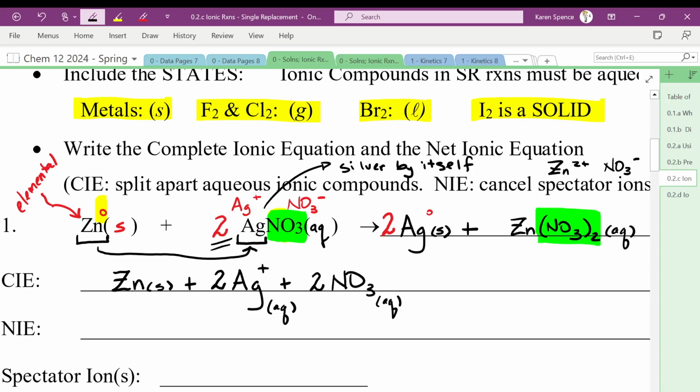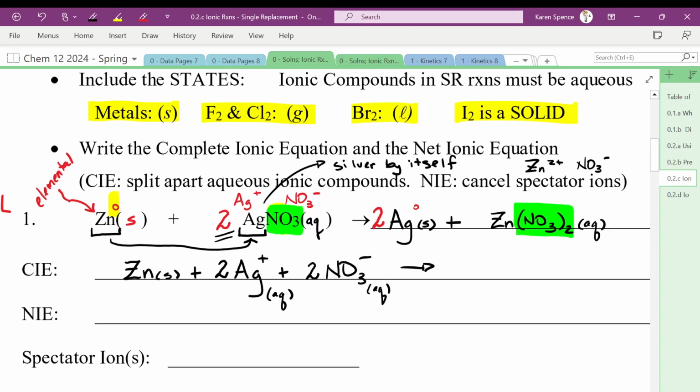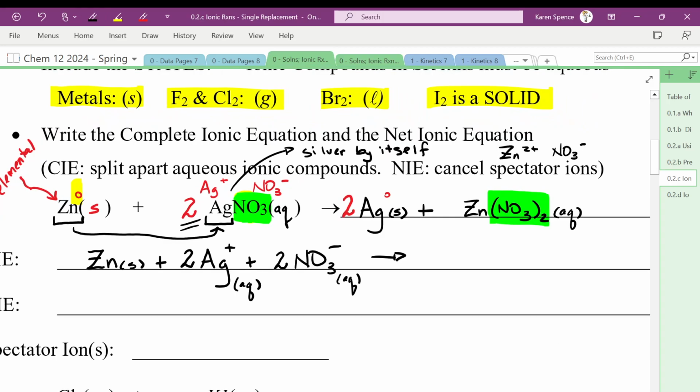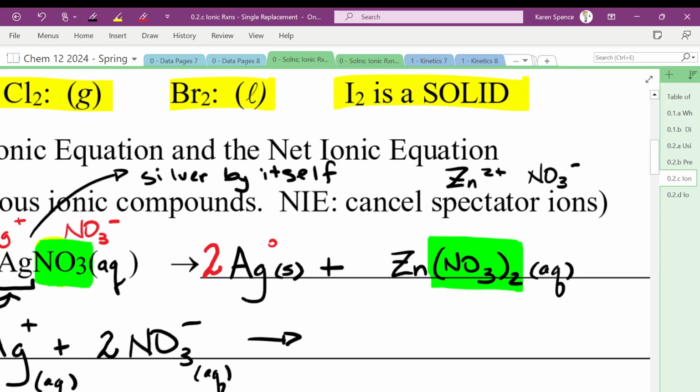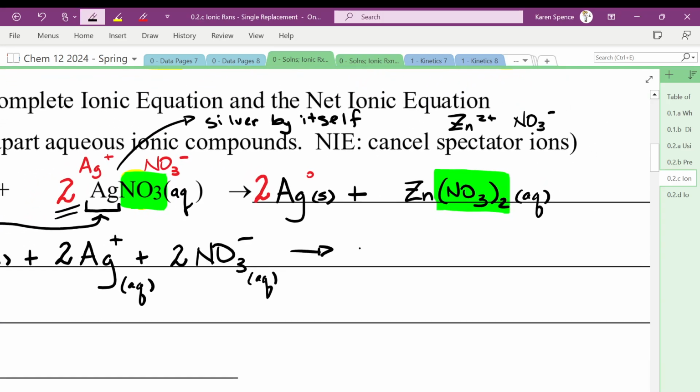And then, of course, nitrate needs a negative charge. Do I do anything with the silver on the right-hand side? Or do I just leave it alone? Leave it alone. 2 Ag. And why does it have no charge? Because it is an element on its own, not part of a compound.